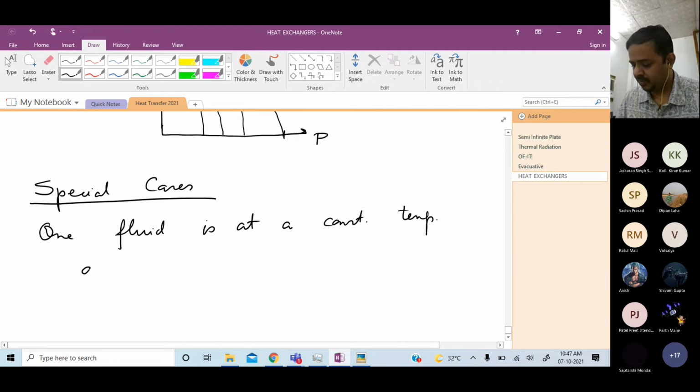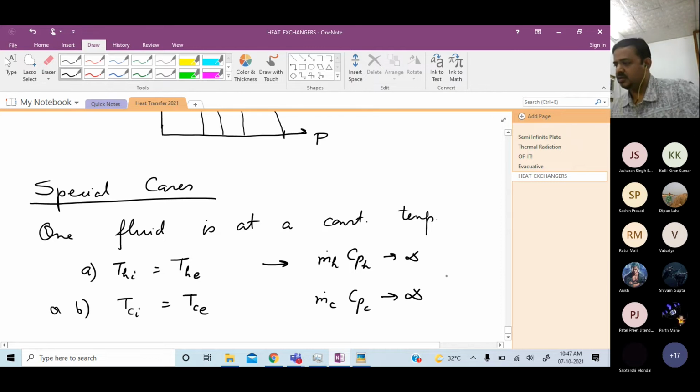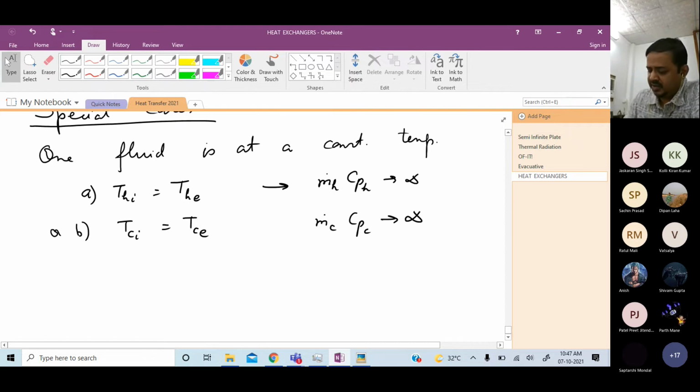Either THI equals THE or TCI equals TCE. What does this mean? This means m dot H CPH tends to infinity, or m dot C CPC tends to infinity. Okay. So how will my temperature profiles look?